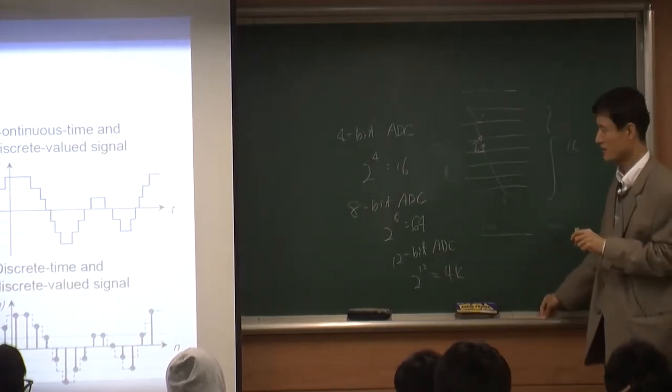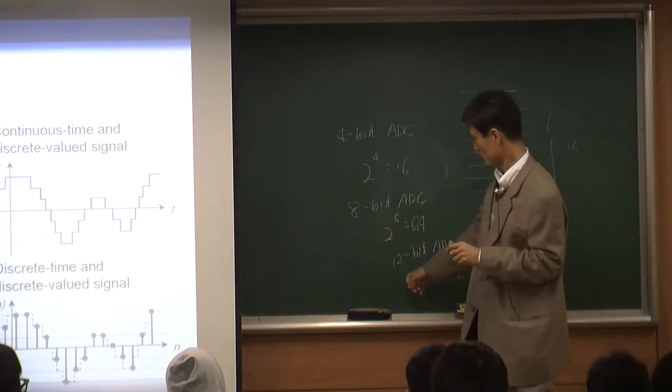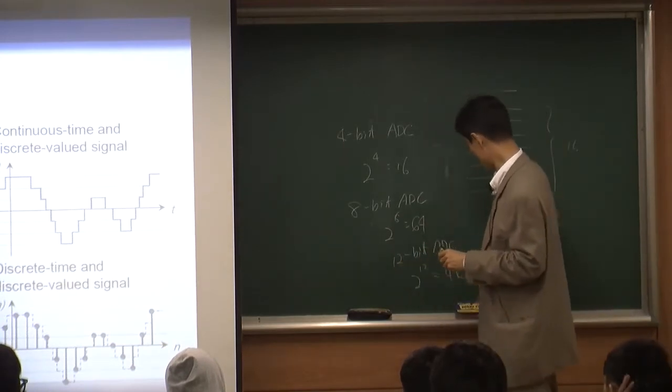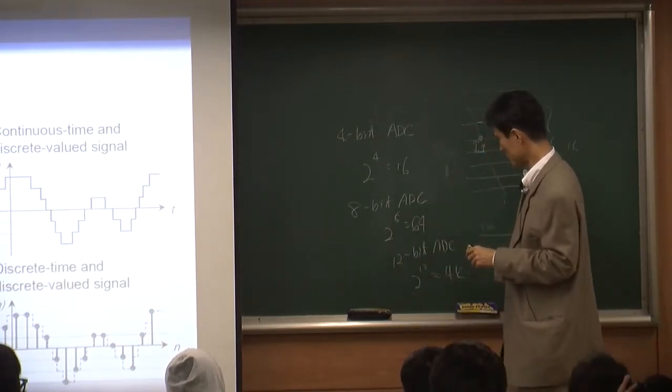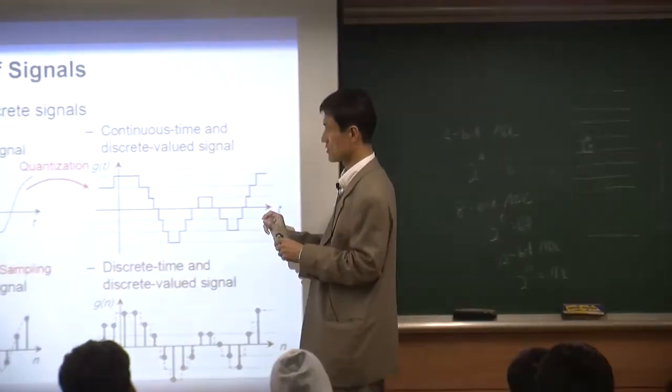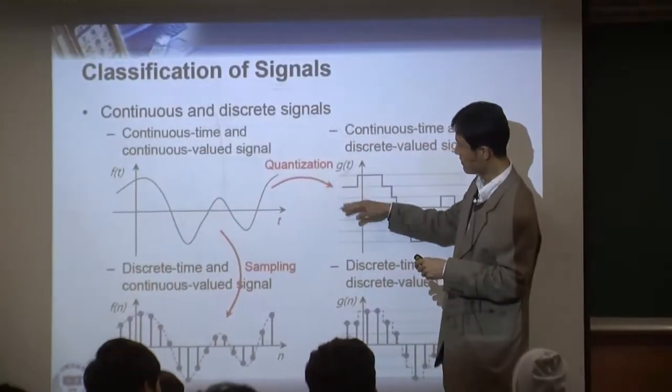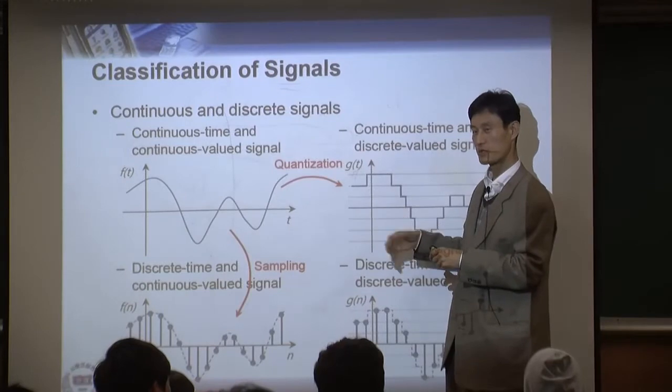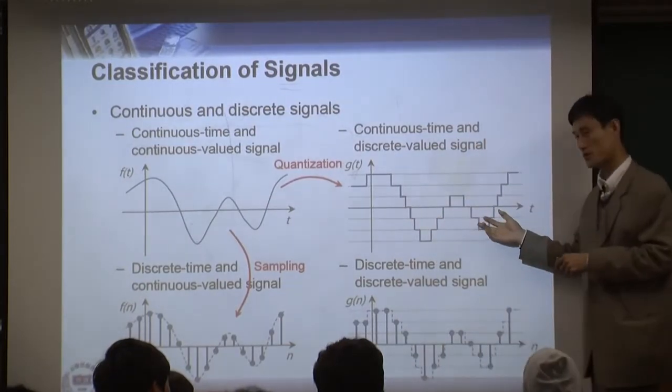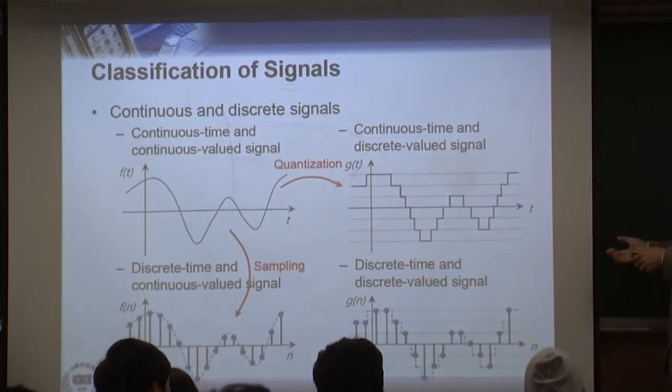So generally, when you have a large number of bits, quantization error is much reduced. More bits is better, but much more complex and also expensive. So that's the issue.